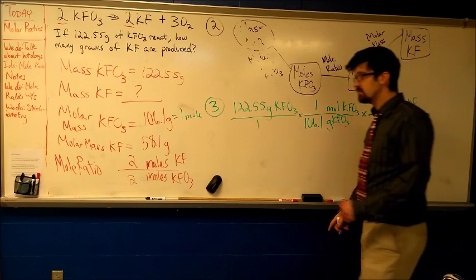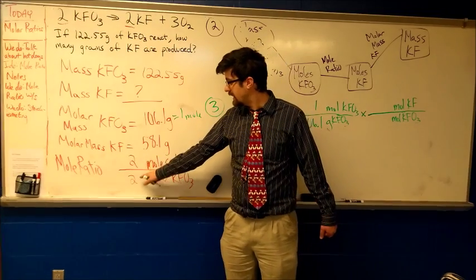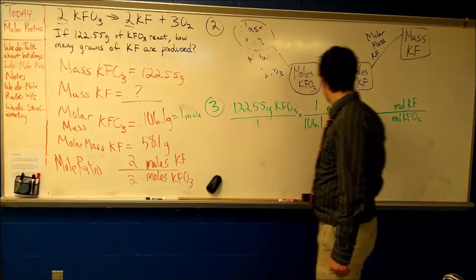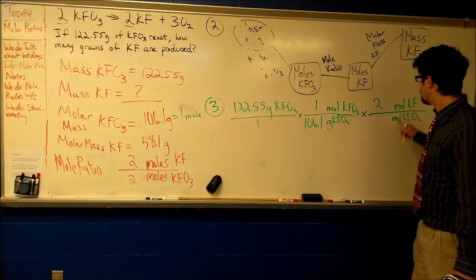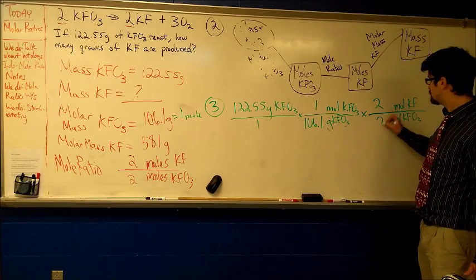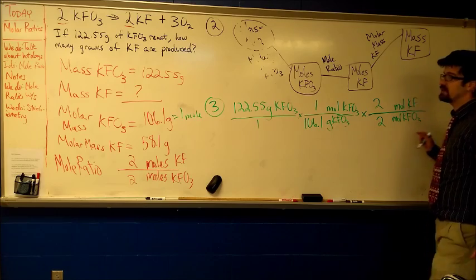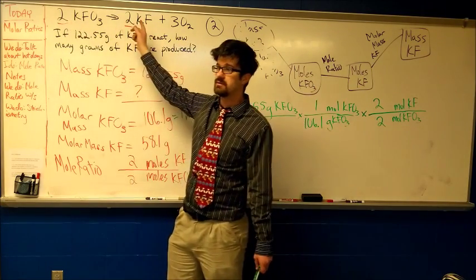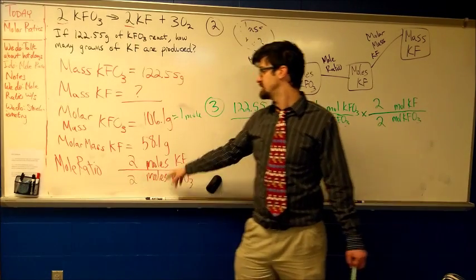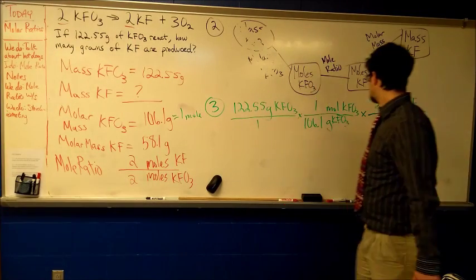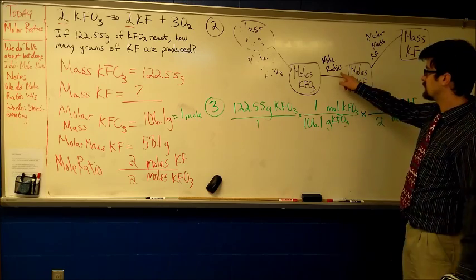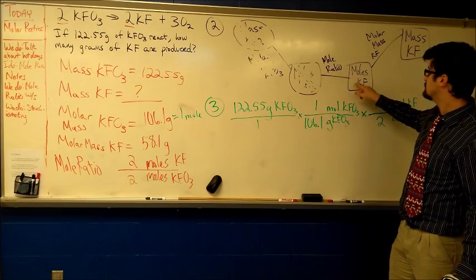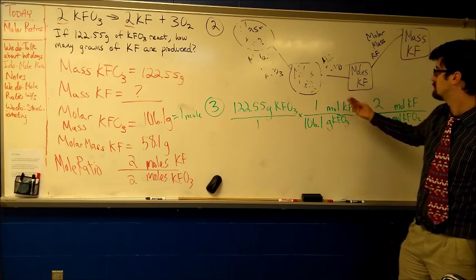So we come over here and we look at the mole ratio. It's 2 to 2. So we have 2 moles of KF and 2 moles of KFO3. Remember, that came from our coefficients out front here. So that's where our mole ratio came from. So using a mole ratio, that's going to take us from moles of KFO3 to moles of KF.